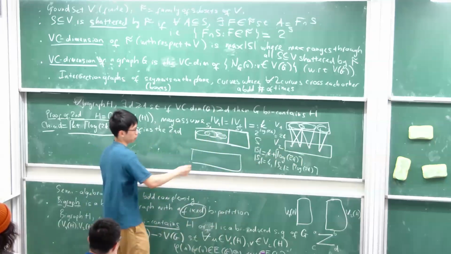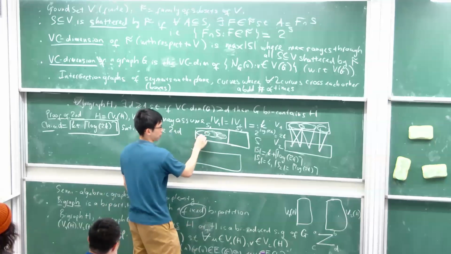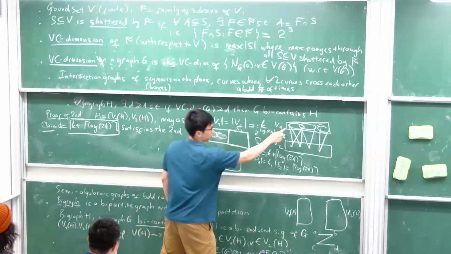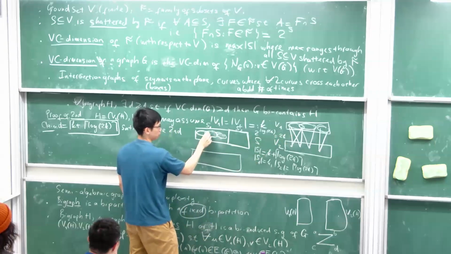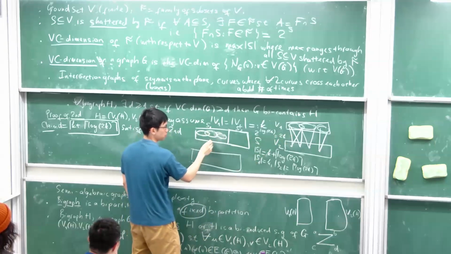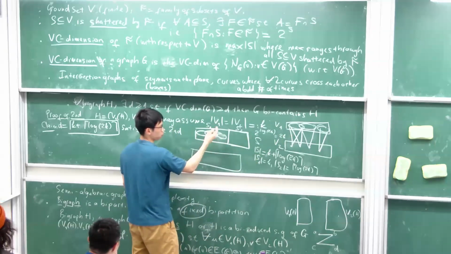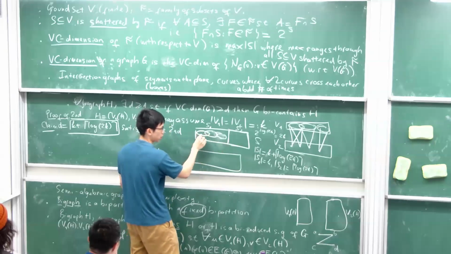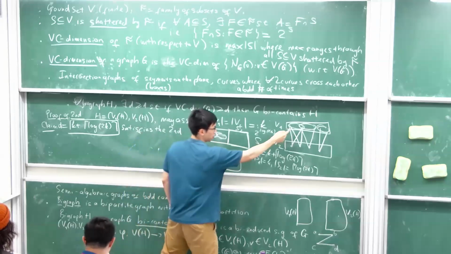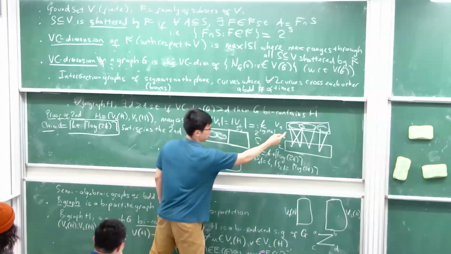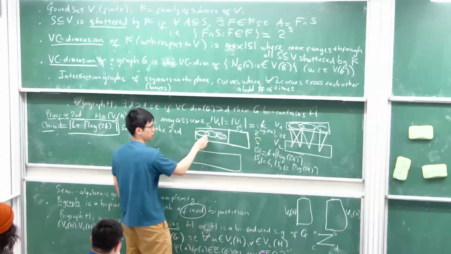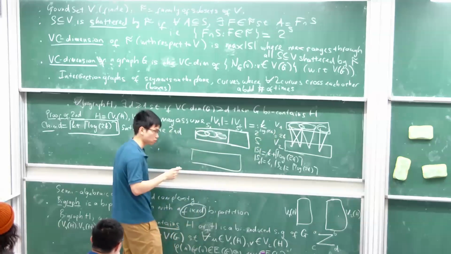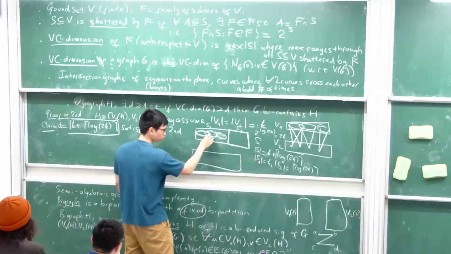Okay. So now I'm going to look at the images of the neighborhoods, and I want to look at those which are pairwise different. Here, an image of any neighborhood in V1 inside S1 may be repeated several times, but that's not going to be a big deal.